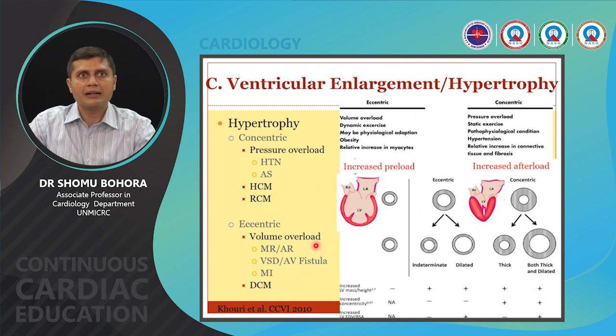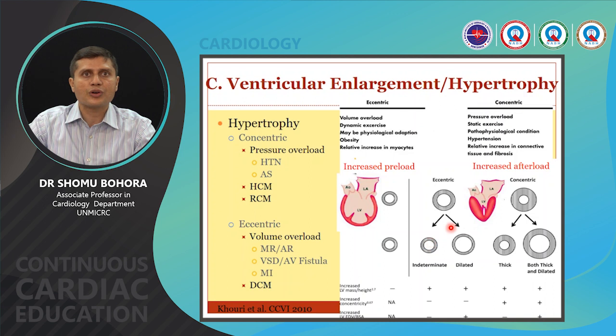Eccentric hypertrophy, on the other hand, is generally related to volume overload and may be associated with valvular heart disease or dilated cardiomyopathy. It may be related to dynamic exercise and may be a physiological adaptation in certain people, related to obesity also, and here there is a relative increase in myocytes. So eccentric enlargement is generally associated with increased preload, while concentric is generally with an increase in afterload.